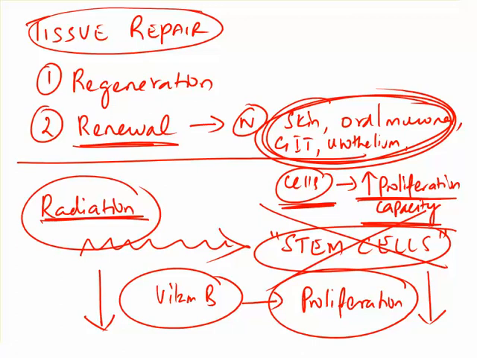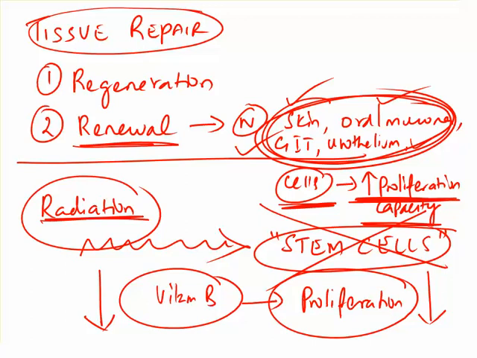Okay, once again I am telling, renewal happens in certain tissues which have high proliferating capacity, for example, skin, oral mucosa cells, gastrointestinal tract cells, and urothelium. These are the tissues which have cells of high proliferating capacity.